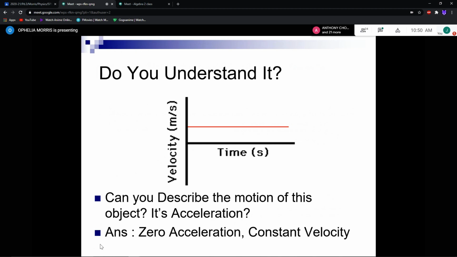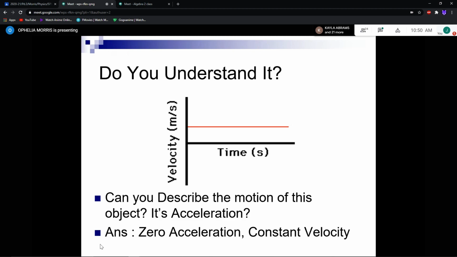What I want you to understand is that constant in physics does not mean 0 all the time. Sometimes it's constant and 0, sometimes it's not constant, sometimes it's constant and not 0. An example would be, let's say I'm driving home on the LIE. If my car is in cruise control and I'm doing 55 miles per hour, my velocity is constant.